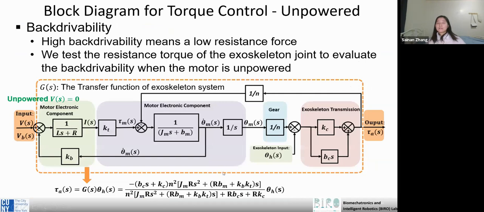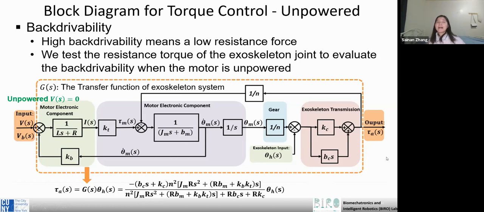So we draw the control diagram, and it will look like this. In this condition, we will get the backdrivability, because when we input the angle of the exoskeleton, we will get the resistant torque of the exoskeleton joint.